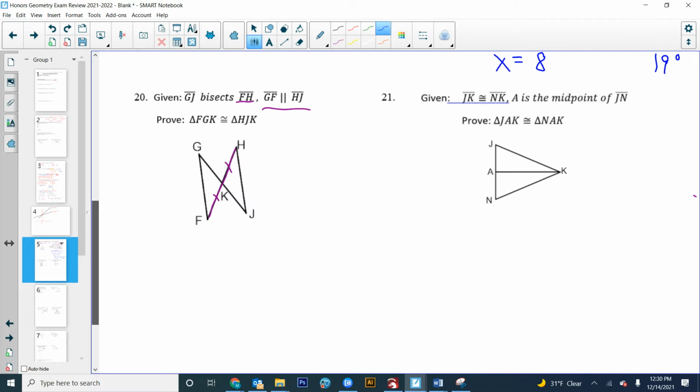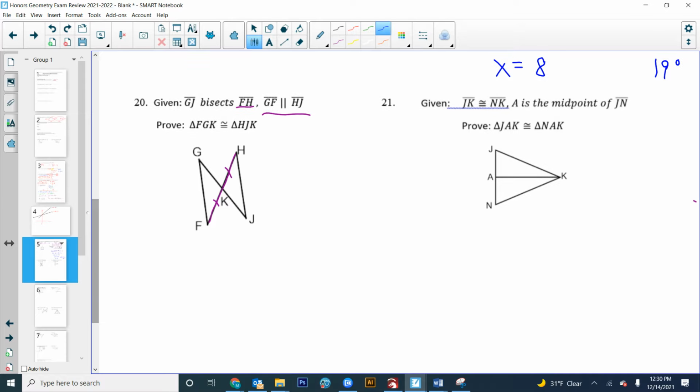On the last quiz, 5.5 through 5.8, we had some triangle congruence proofs on there. One thing I noticed that really bothered me, and a lot of people missed it, was when they did proofs, they didn't mark which parts are congruent, and then they put SAS or SSA.